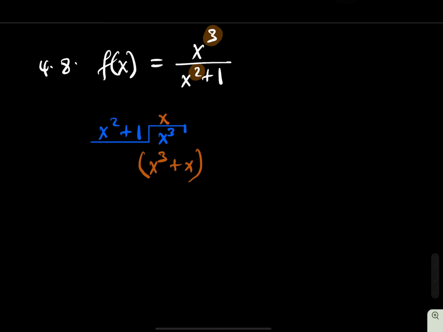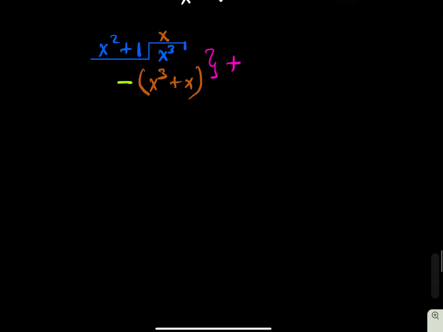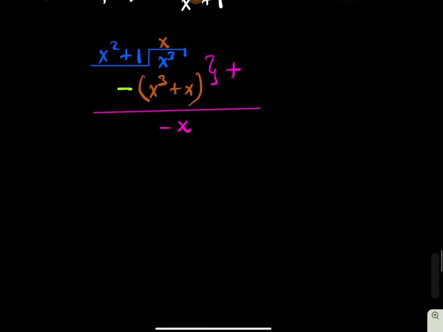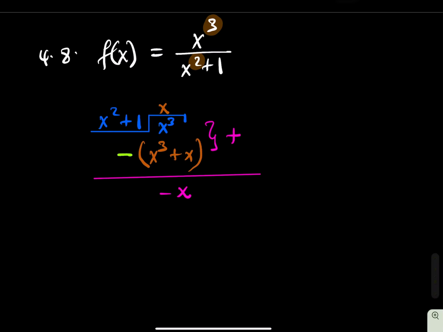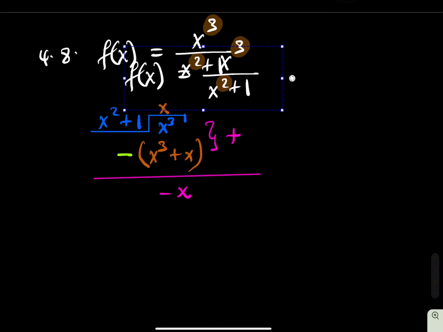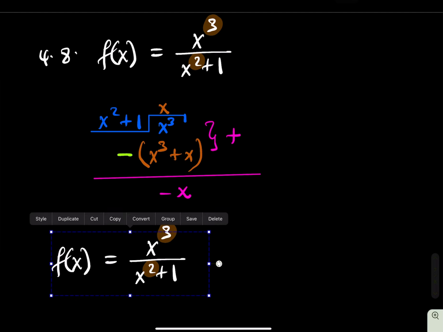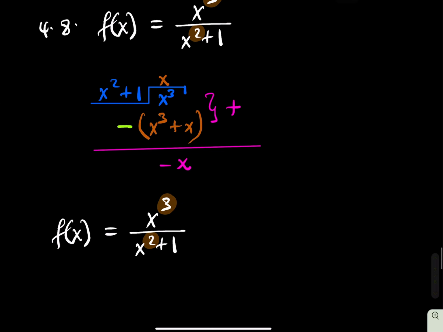So you need to change the sign of that, multiply by the negative, and add the results. When you add the two, that becomes a negative x. You can see that you can't reduce it further.